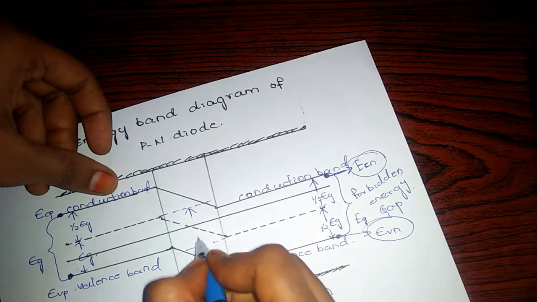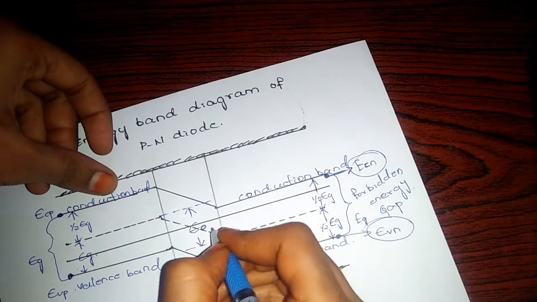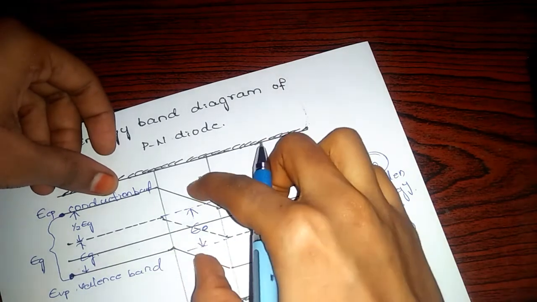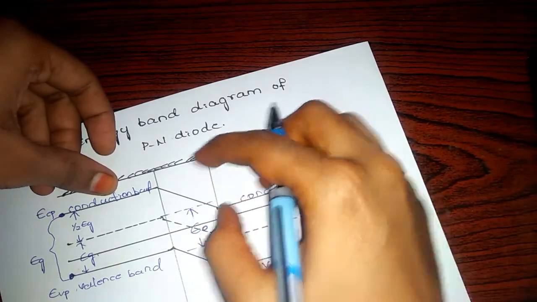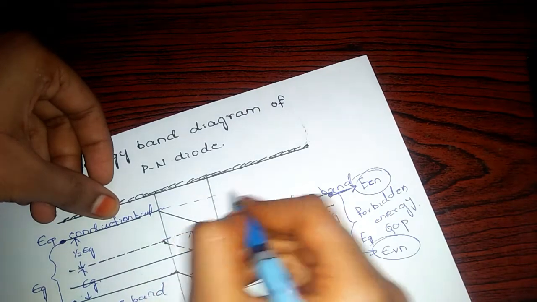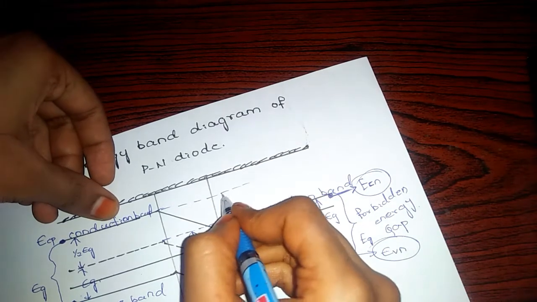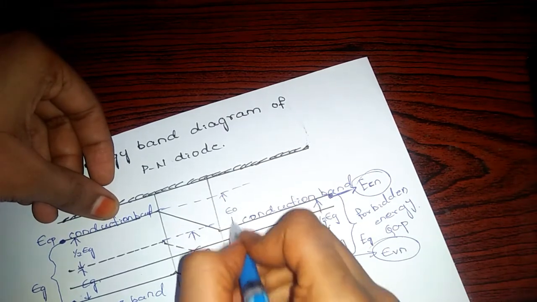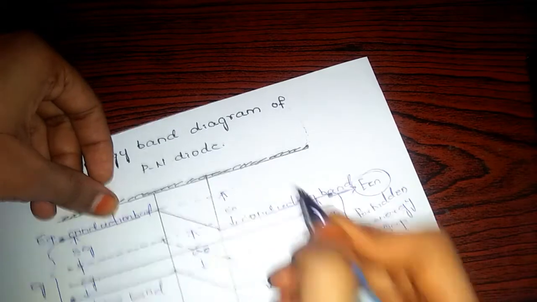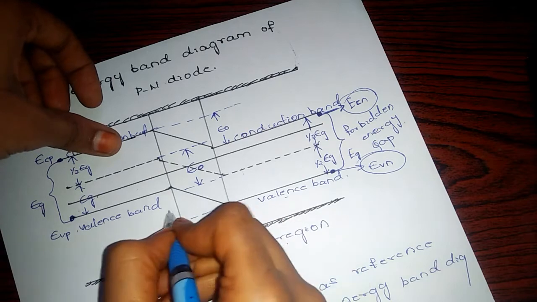This notation is for E naught, and the E naught is the same here and here, this level. For this level too, we have the same E naught representation.